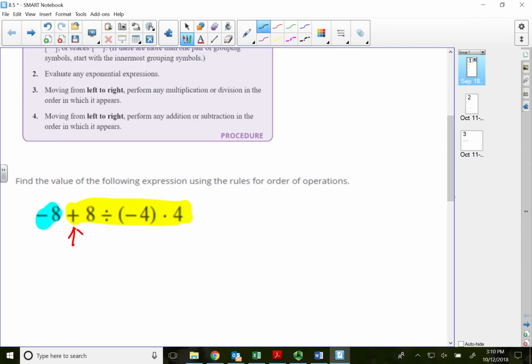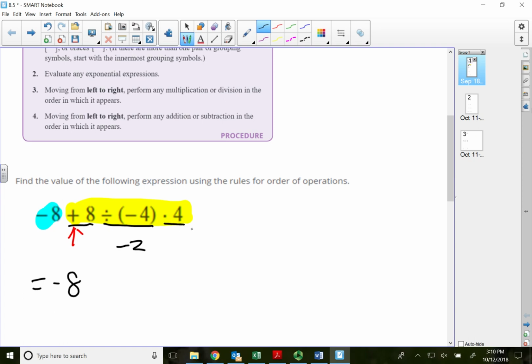So let's see. First term, -8, still -8. My second term, okay, I have a division and a multiplication. So when it comes to dividing and multiplying, we just do them from left to right accordingly. So +8, see, I'm going to start using the signs. +8 divided by -4 is going to be -2.